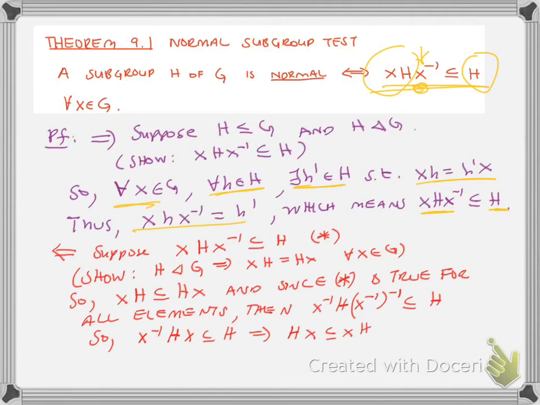Now we've shown that xH is a subset of Hx and Hx is a subset of xH. Therefore, since they're subsets of each other, xH is equal to Hx, and therefore H is a normal subgroup. All right, we will stop this video and start a new one. It's not going to be too long to finish up one more theorem.